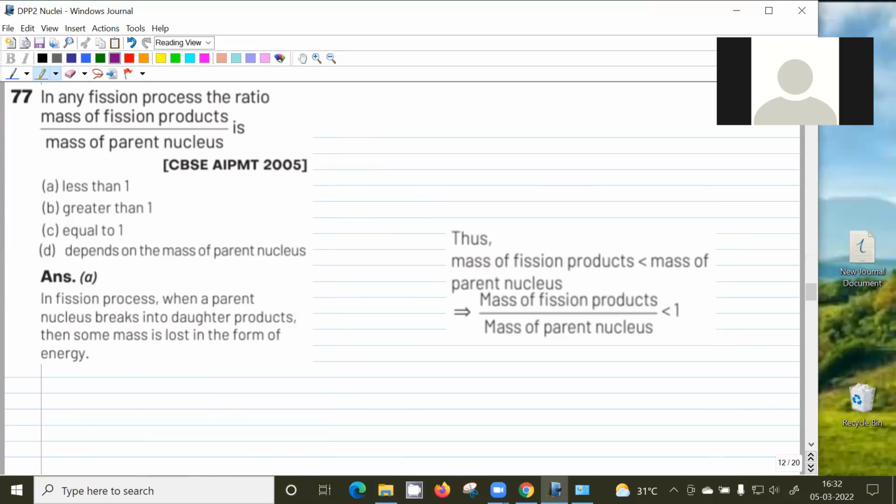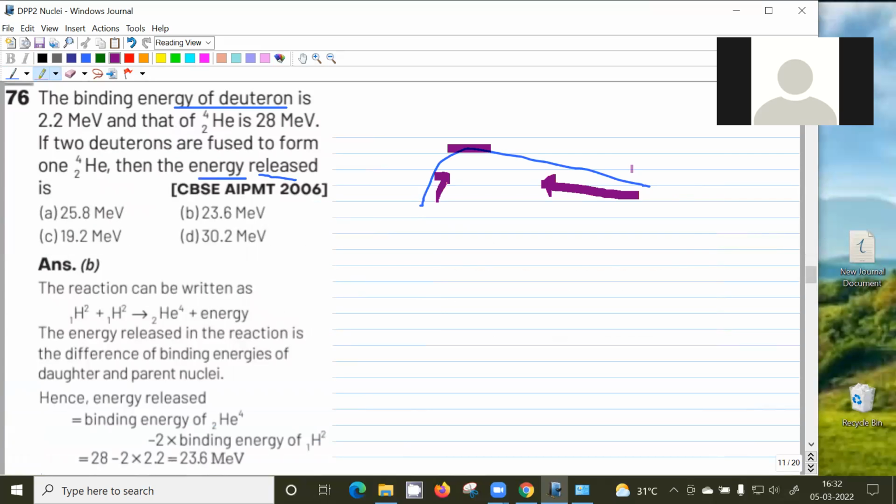Energy is released, no? It's a fission process. When energy is released, mass is lost, so the product mass should be less, right? So in both fusion and fission, there is loss of mass.